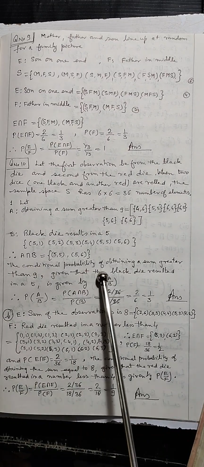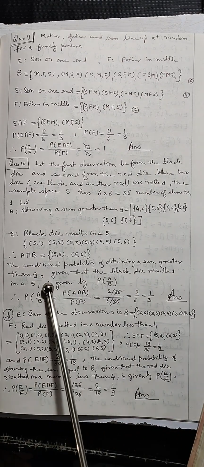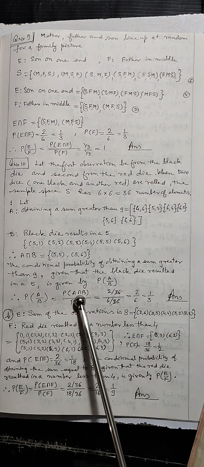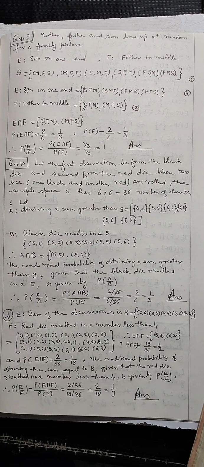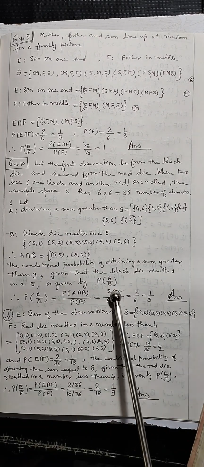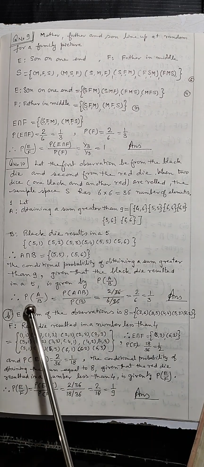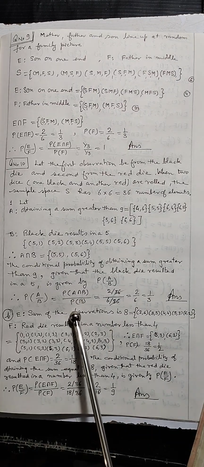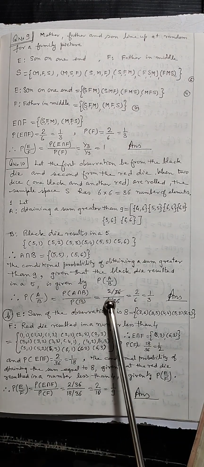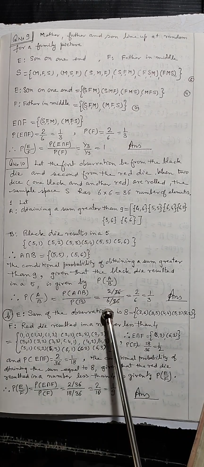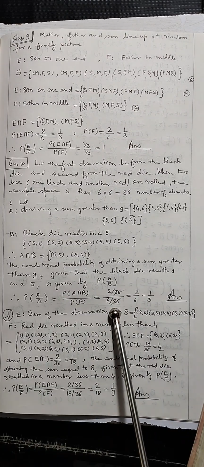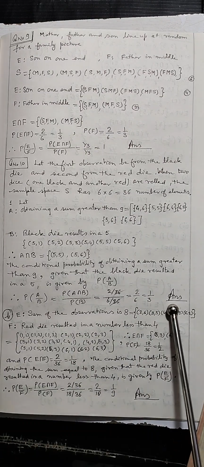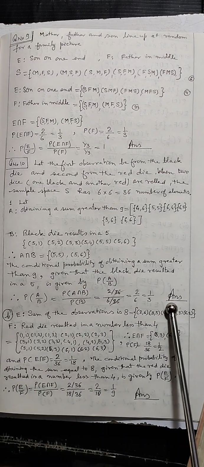The conditional probability of obtaining a sum greater than 9, given that the black die resulted in a 5, is given by probability of A by B. Therefore the probability of A by B is equal to probability of A intersection B upon probability of B, and it will be equal to 2 by 36 upon 6 by 36. 36 and 36 will be cancelled, so we will get 2 by 6, and it will be further simplified to 1 by 3, and this will be the required answer of A part.